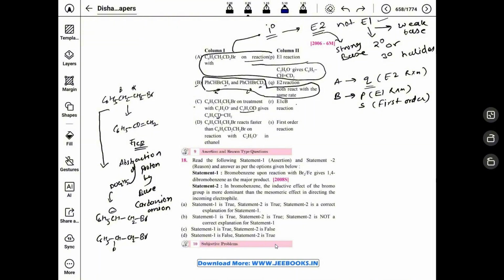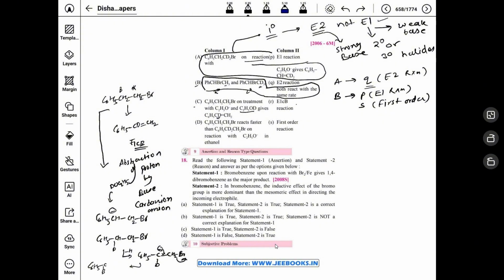And after that another proton can be taken away to give this carbanion, and then followed by removal of this halogen to give you this deuterium labeled product.